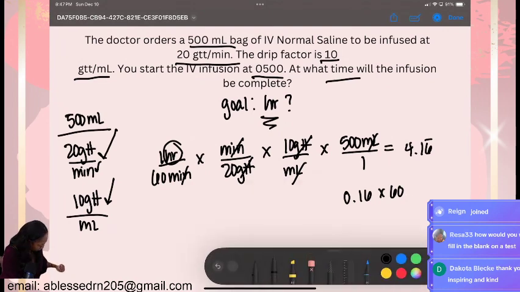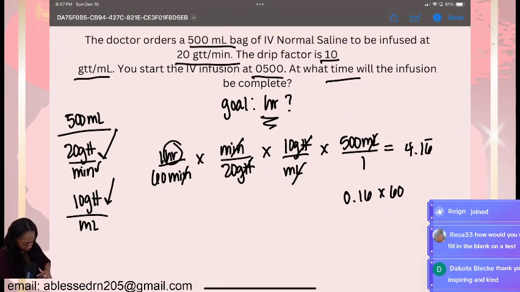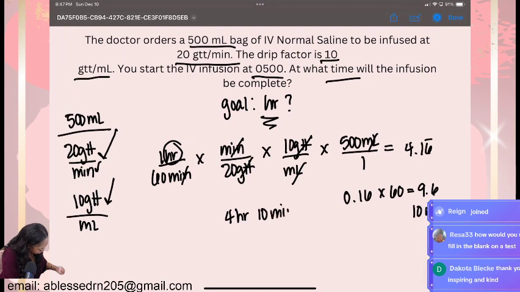Okay, so that is going to be 9.6. And I just rounded it up to 10 minutes because it's over 0.5, okay? So it takes 4 hours and 10 minutes for this to continue.